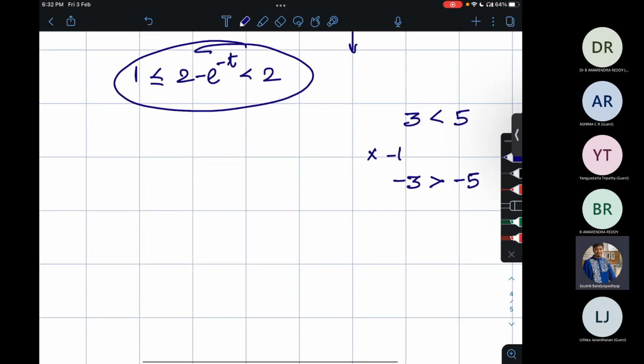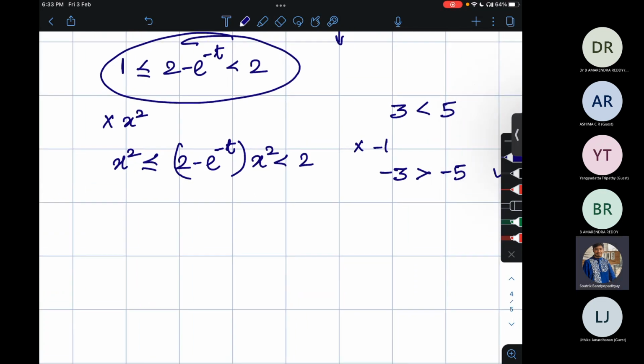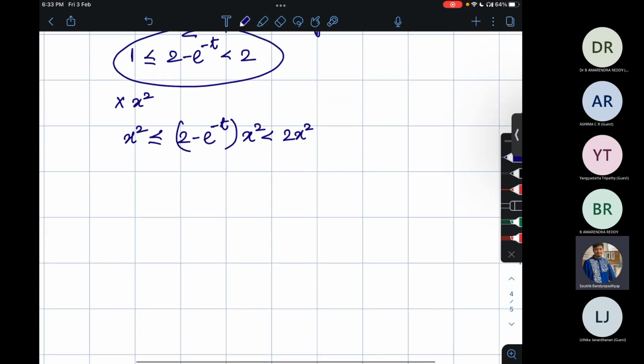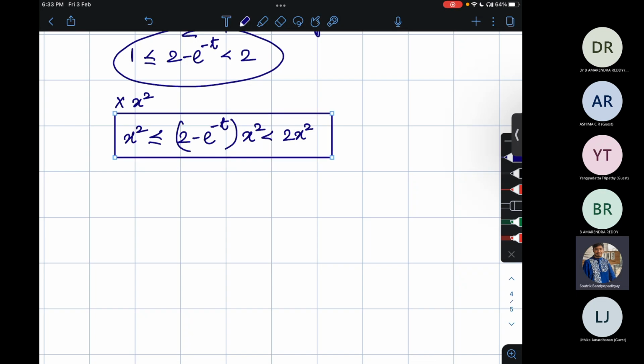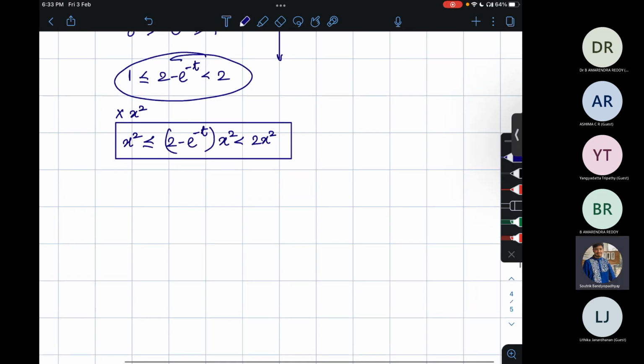Now what we can do is multiply x square on all sides. We have x square less than 2 minus e to the power minus t, times x square, less than 2x square. I have performed very simple manipulations, right?